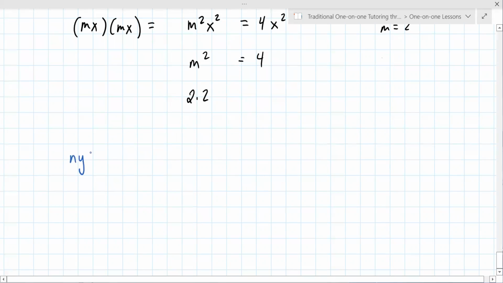So it's very much the same. Ny times ny equals n squared y squared, and that equals 9y squared.